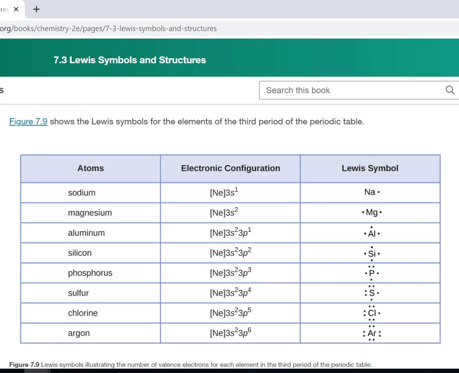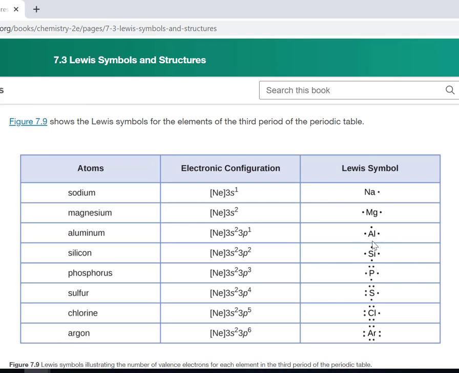It doesn't really matter. If this one is on the right, you could have done it on the left or the top or the bottom. Similarly, you could have done top or bottom for these ones, etc. The main thing is that they're by themselves. The electron dots are by themselves before we start to pair them up together.